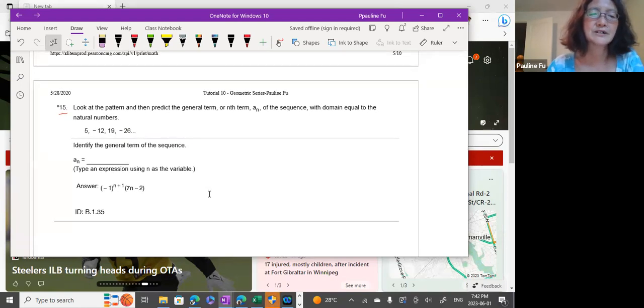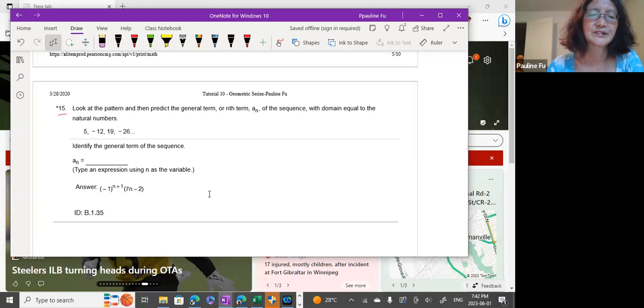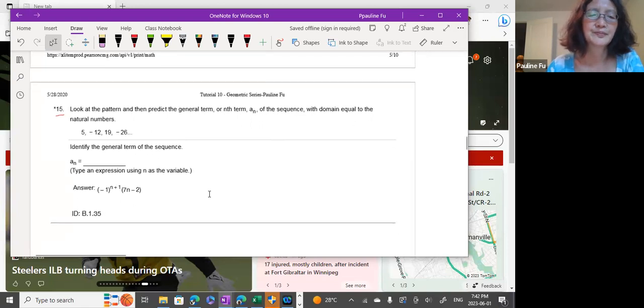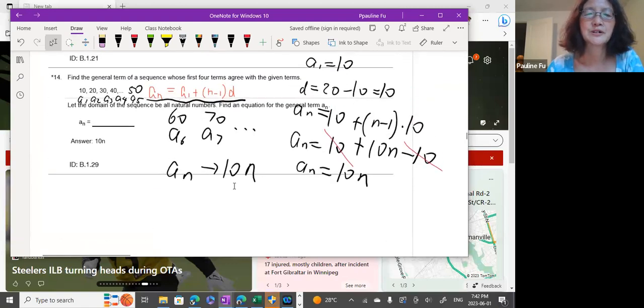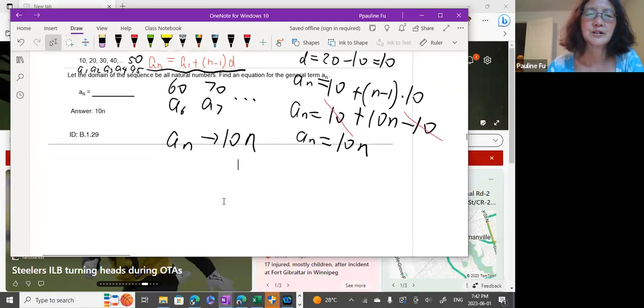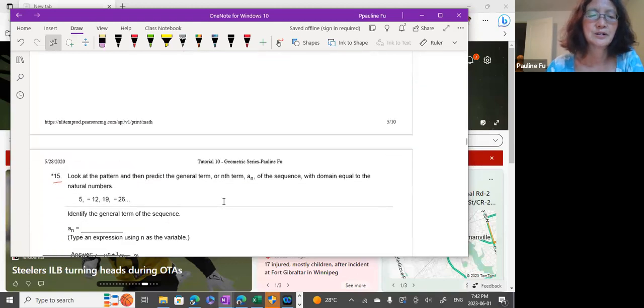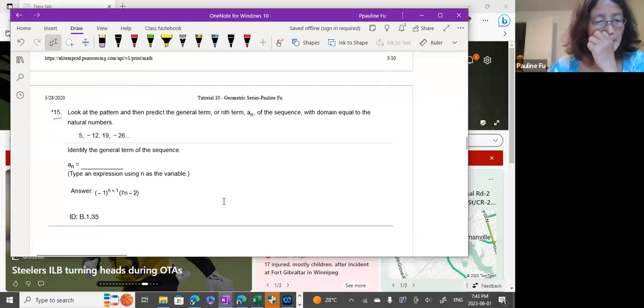Look at the pattern and then predict the general term of the sequence. So first we have to find the pattern.